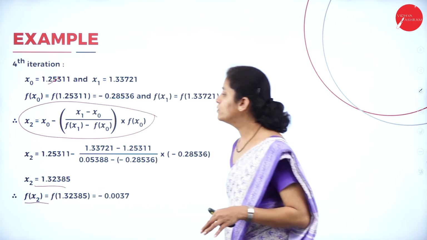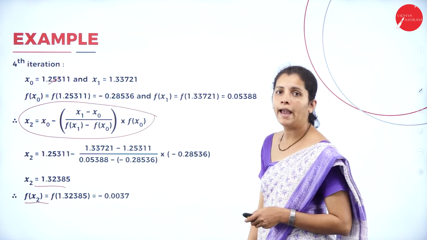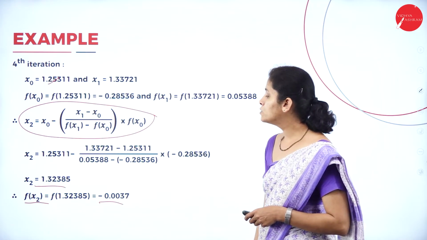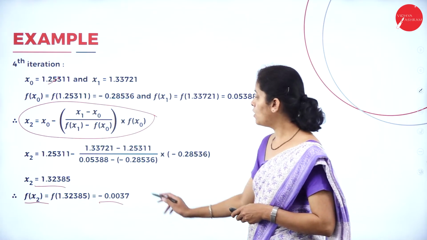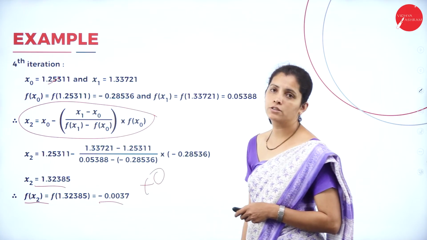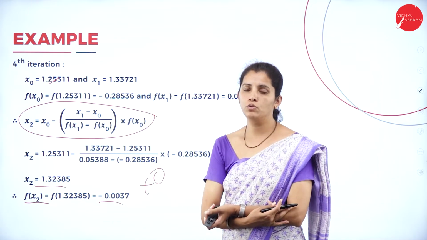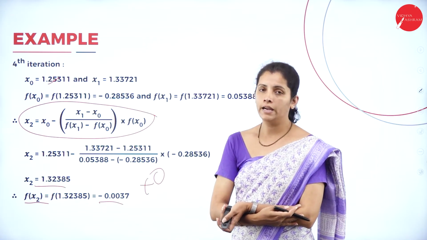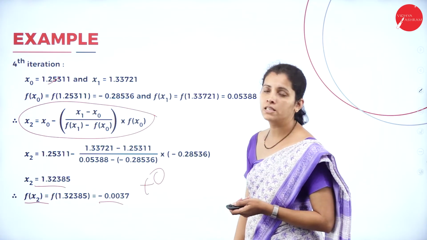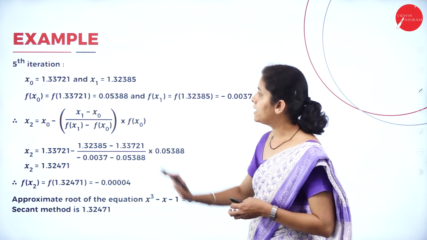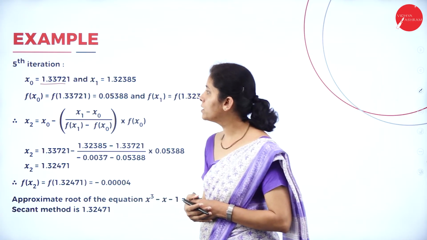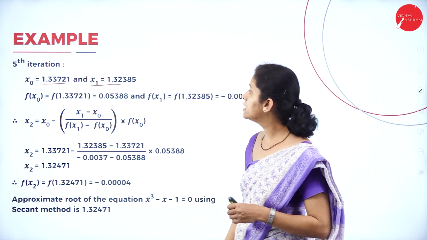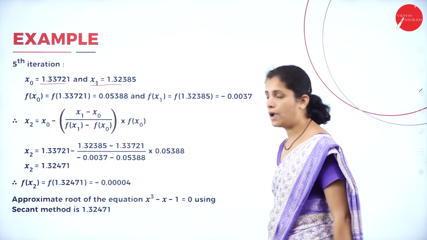Now I'm going to find the f of x2 and I'm going to get the answer minus 0.0037, which is not equal to 0. If it is not equal to 0, according to the algorithm, I just want to repeat the second and third step. So I'm just interchanging the value. So I got x0 1.33721 and x1 1.32385.